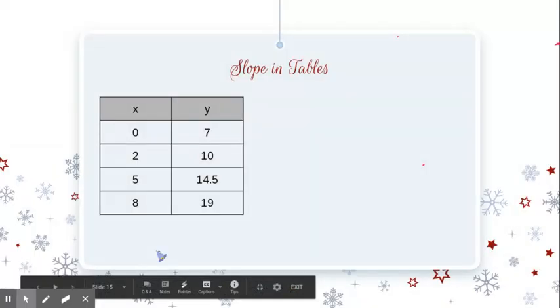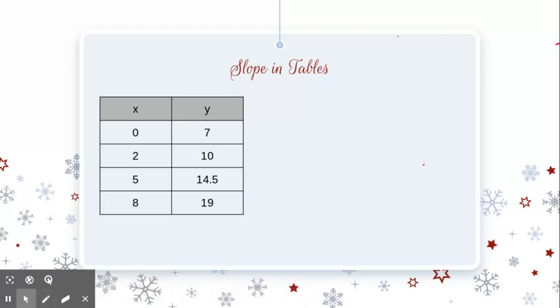All right, guys. Okay, so I always like to start by numbering them so I know I can match them up correctly. First x, first y. Second x, second y. Okay, and I like doing 2 minus 1. So I'm going to start with 10 on top because y's are on top when we're finding slope.